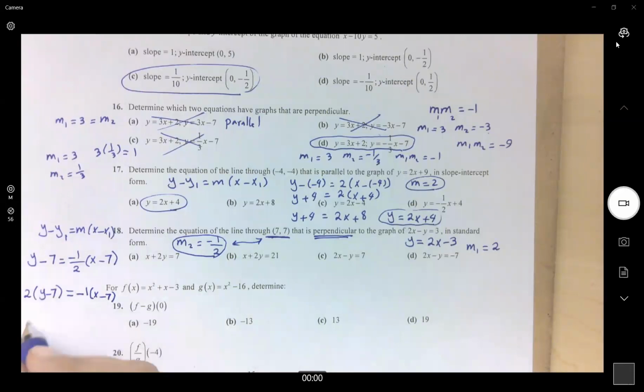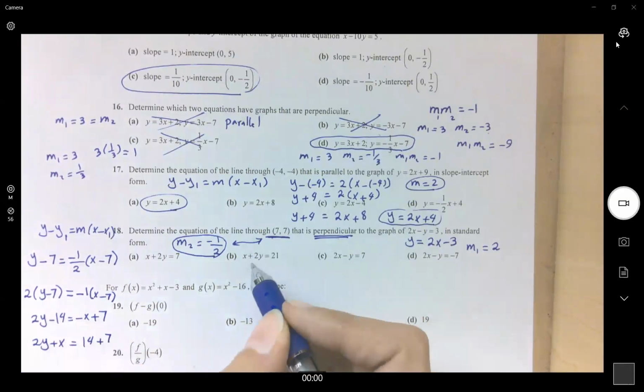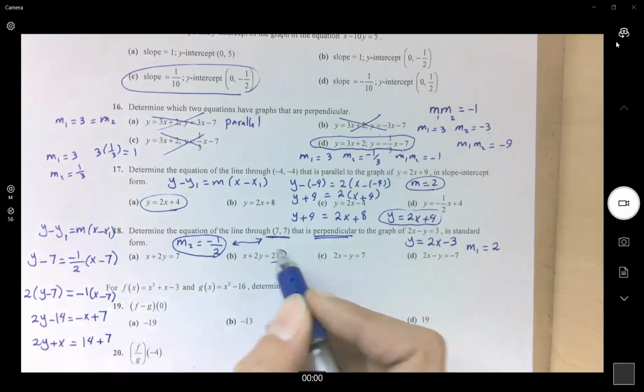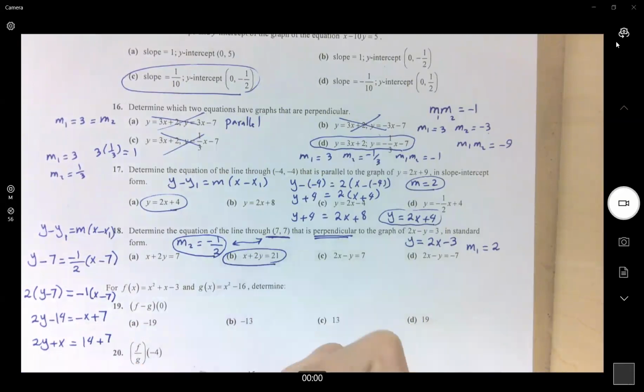Distribute 2 into parentheses, you get 2y minus 14 equals -x plus 7. So let's see what we have. If we bring all x and y terms to one side, all constants to the other side, you get 2y plus x equals 14 plus 7, which is x plus 2y equals 21.